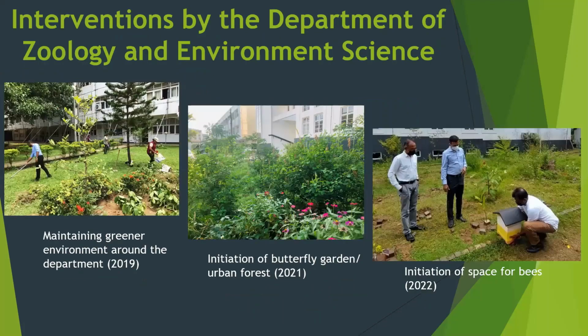The other department that contributes a lot to conserve and protect the environment is the Department of Zoology and Environment. They also maintain the outside greenery areas, and most importantly, they recently initiated this butterfly garden, or urban forest, and some space for bees.